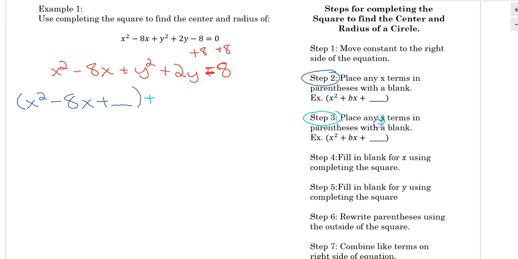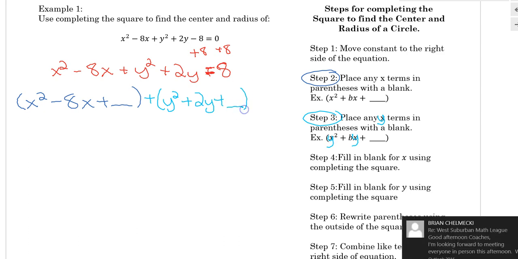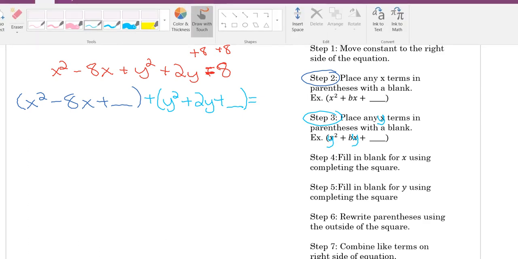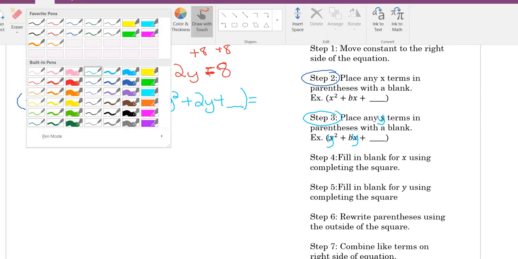This is a typo, it should be y's here. Sorry about that, I copy and pasted and forgot to change it to y. So, y squared plus 2y plus blank equals. Alright, so I had the 8 from before.